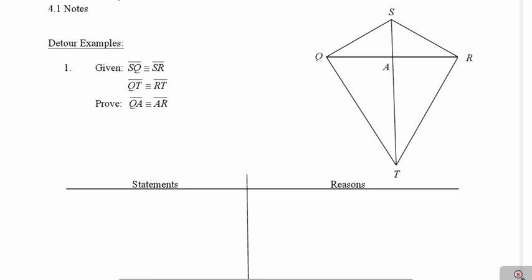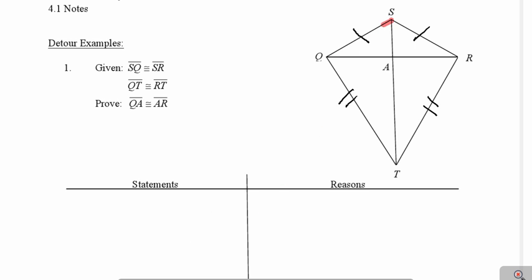So I'm going to start by labeling the diagram with the givens. Segment SQ is congruent to segment SR, and then segment QT is congruent to segment RT. So based on this given information, I only have enough to prove the large triangles are congruent.